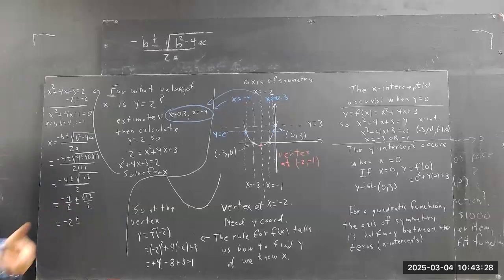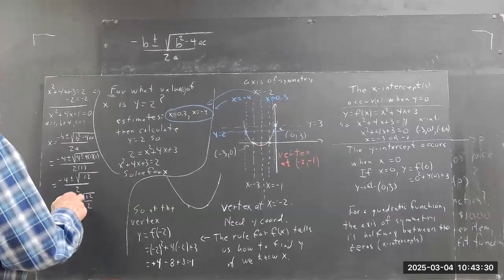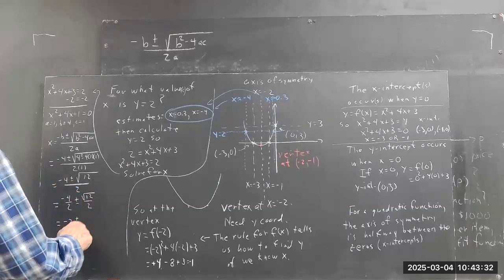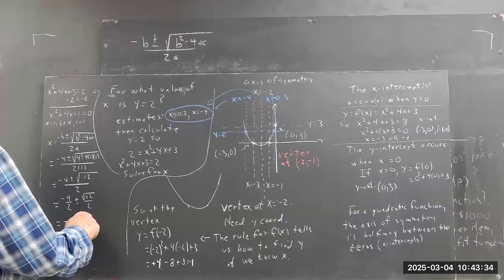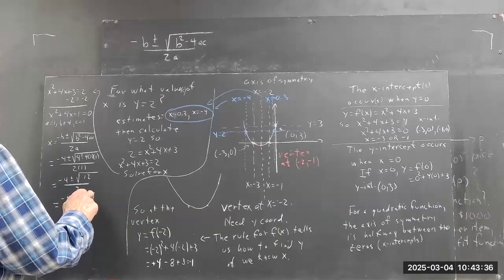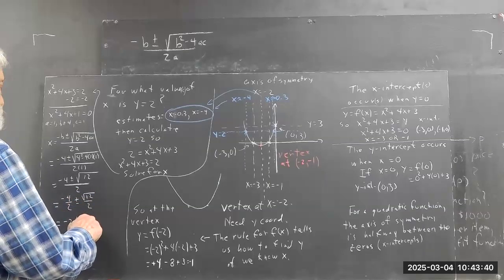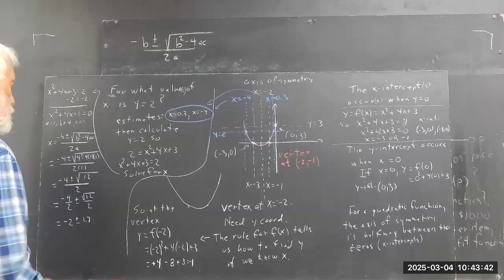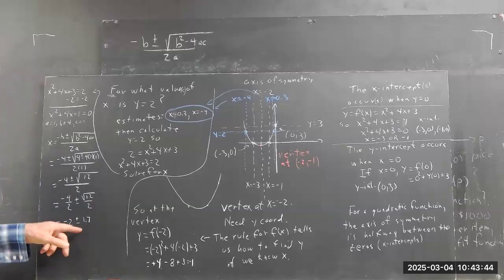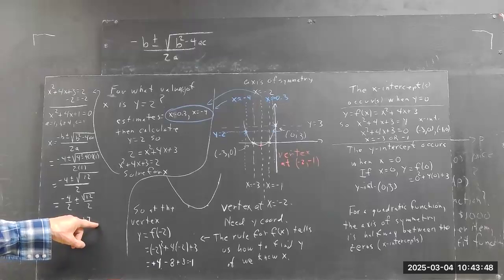So I think it's a little less than 3.5. I think it's 3.4. And that's then going to be 3.4 divided by 2, pretty close to 1.7. If you plug it into your calculator, you'd actually get 1.732.